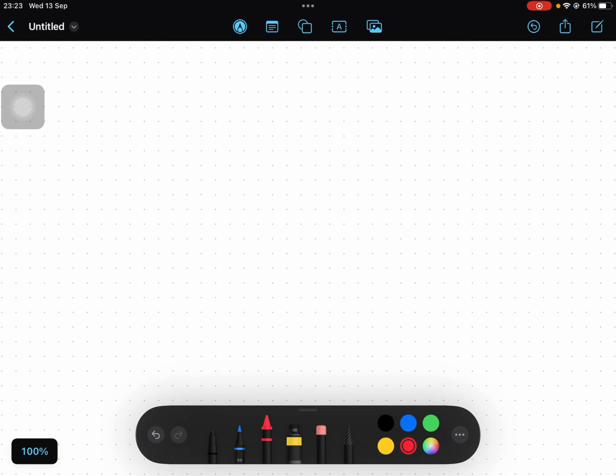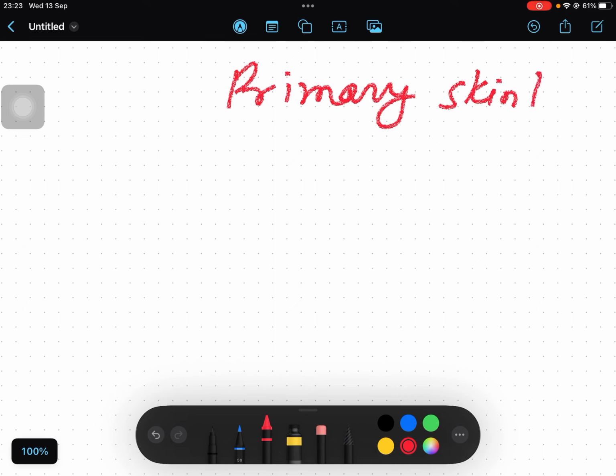Coming to the primary lesions. So primary skin lesions may be of various types. The first one is a macule. So all of us know macule is a change in color of the skin that is less than 1 centimeter in size.